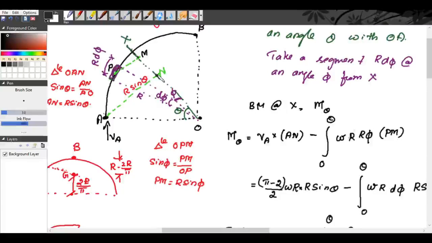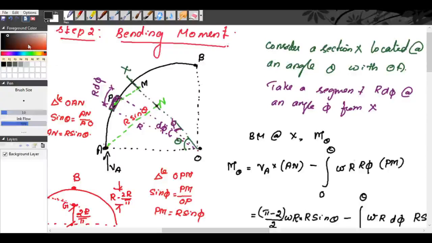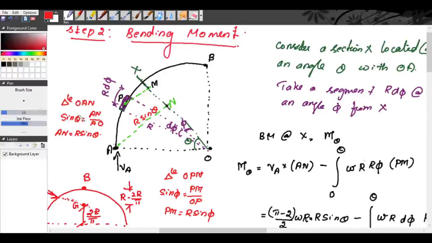So XN is R minus R cos theta. Taking the same triangle OAN, already we have taken sin theta from OAN. Now you can find cos theta. Cos theta is equal to ON by OA.